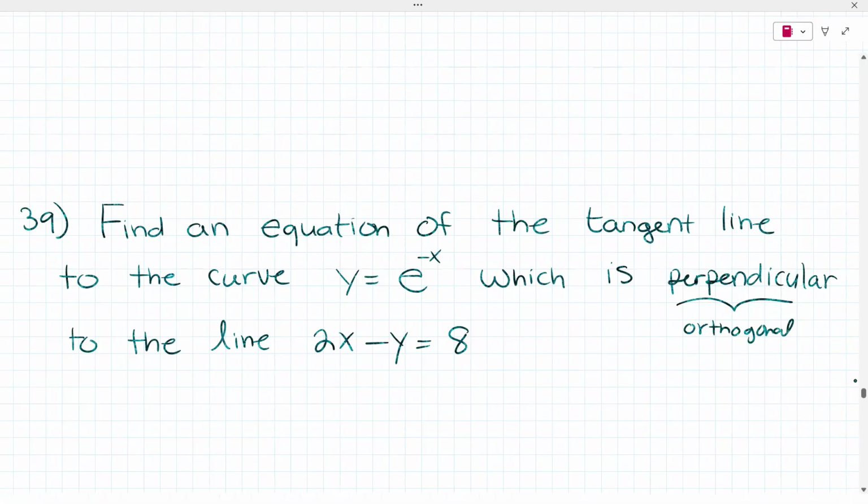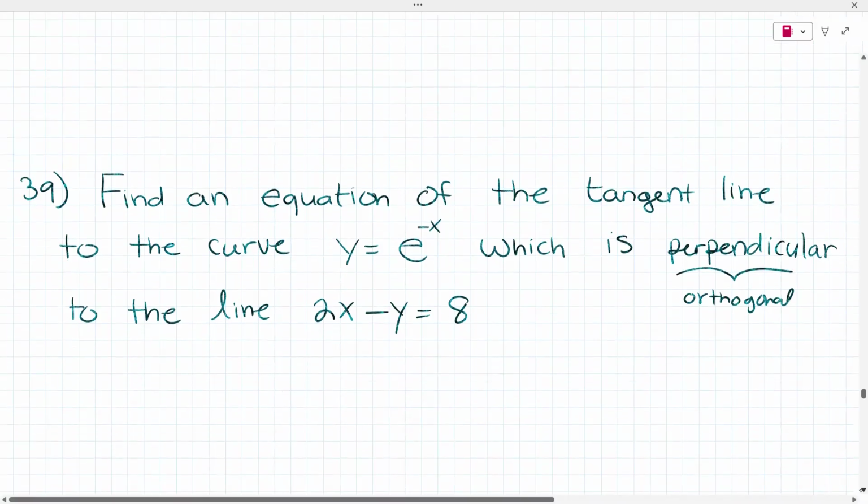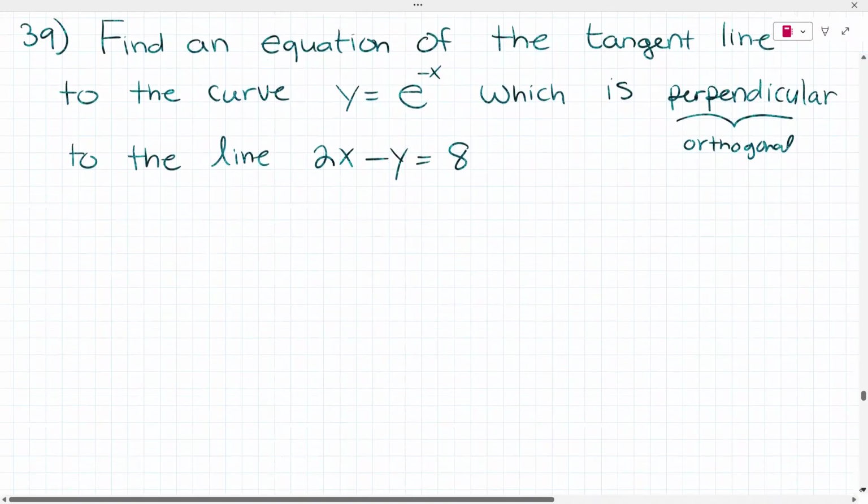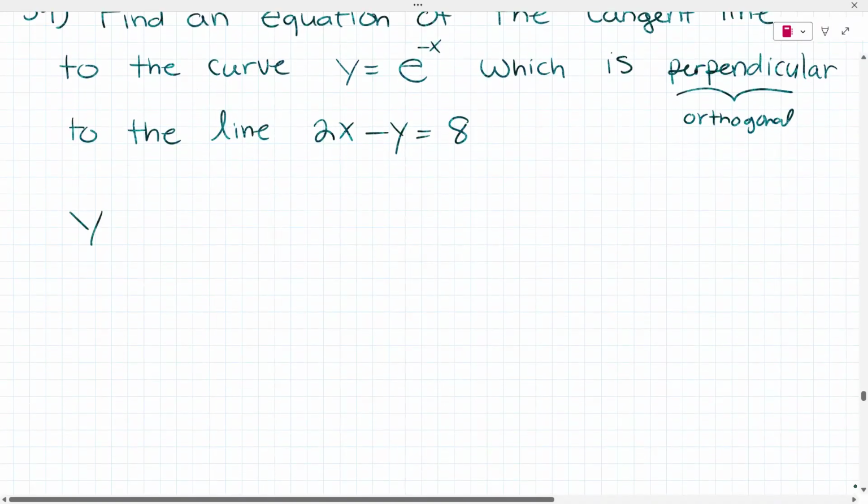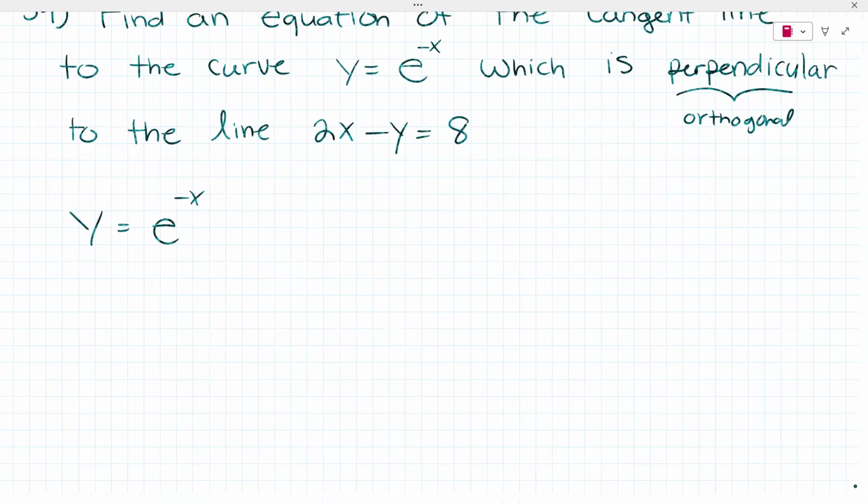Okay. So if y equals e to the negative x, and then you have 2x minus y equals 8, what I'll do is take y prime.